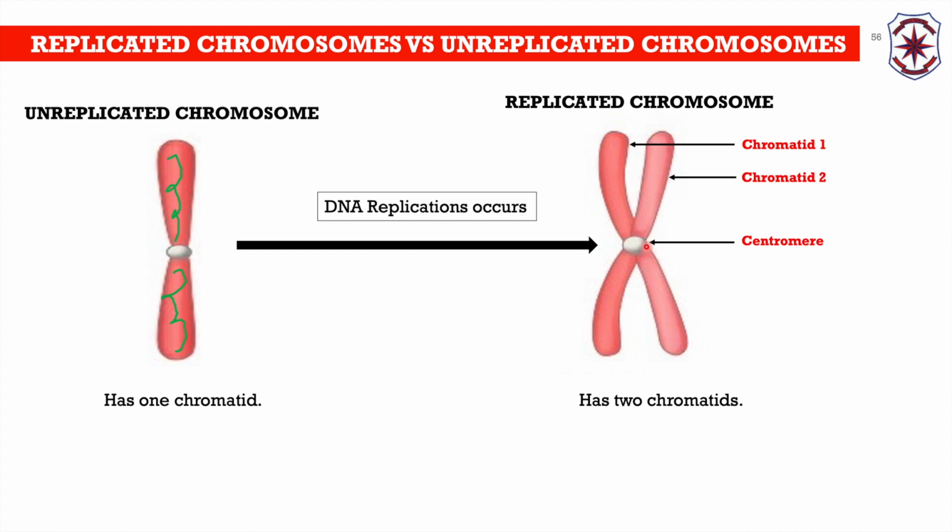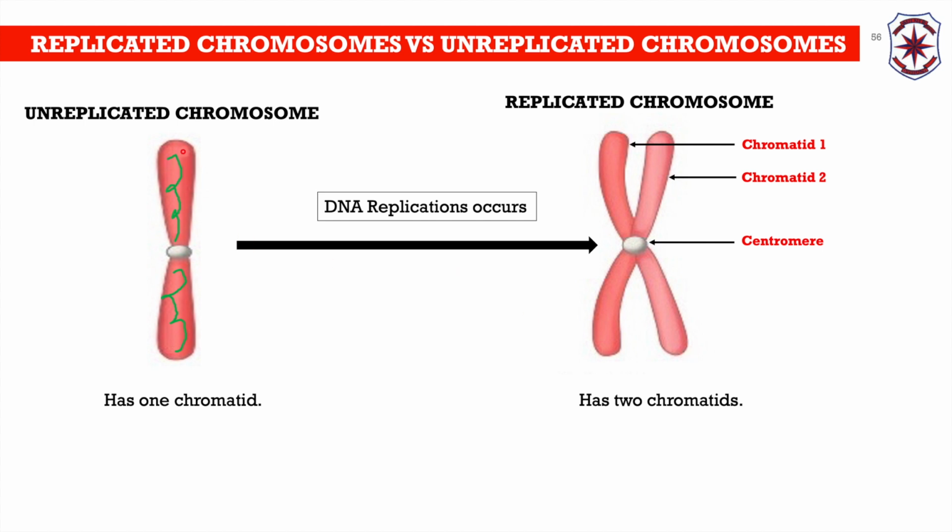So before DNA replication, a chromosome would only have one chromatid. When DNA replication occurs, the DNA within this one chromatid is doubled. We are making more. Therefore, it will have two chromatids. Let me show you what I mean.